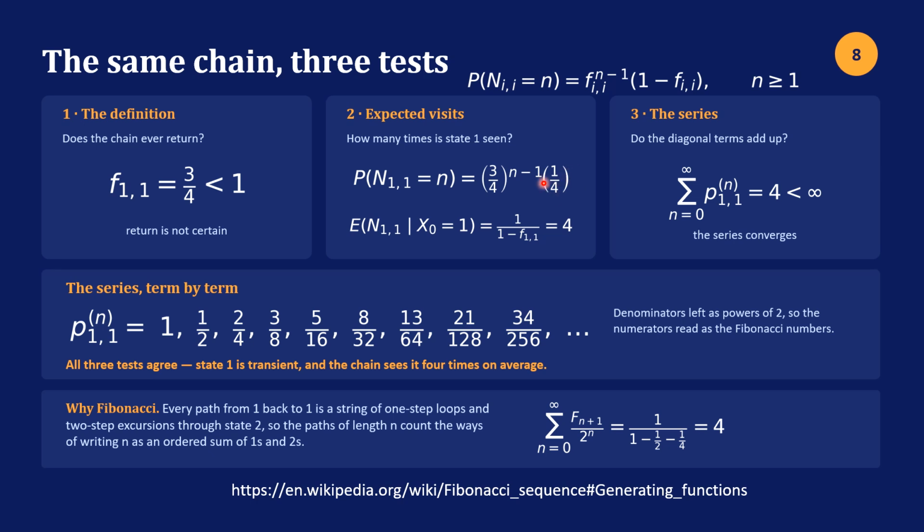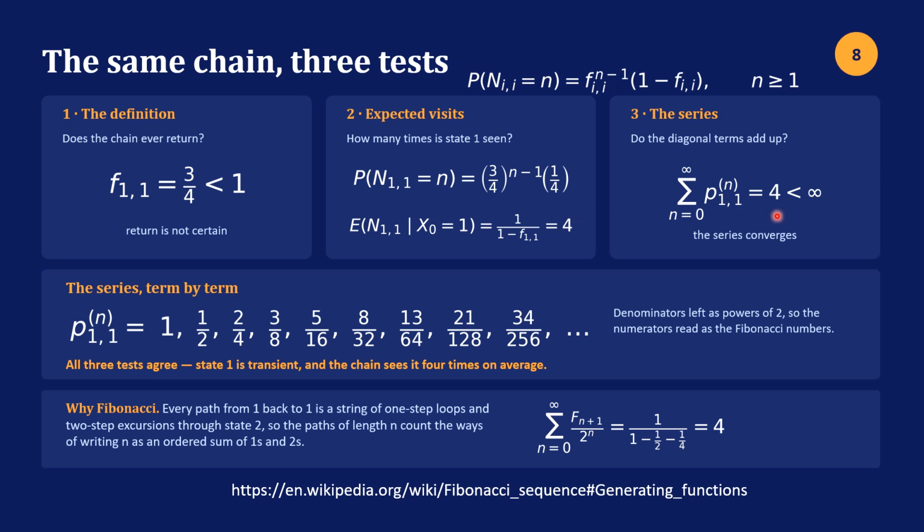You go from state 2 to 3 and never return. The expected value of this distribution, being a geometric distribution, is 1/(1 minus 3/4). So you get 1/(1/4), or 4. And since this is finite, that means the state is transient.